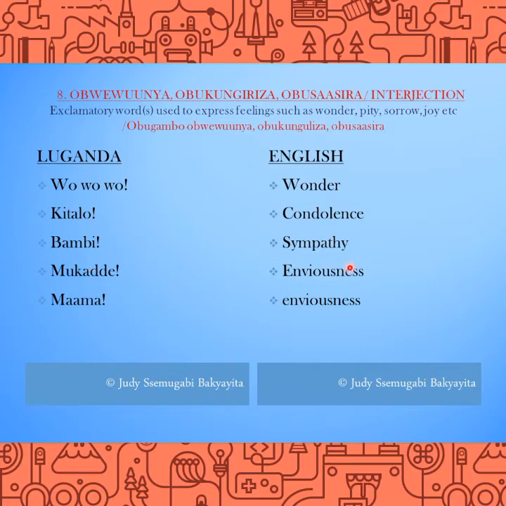Mukadde. Envious. This word mukadde, it depends on the way you say it, because mukadde can mean old person. But if you say it like mukadde, that is being envious. This is the same as mama.